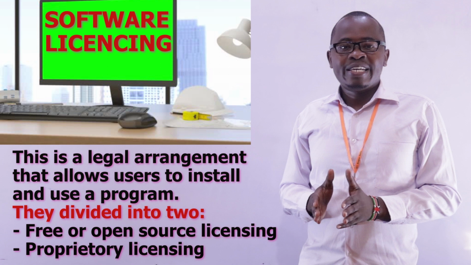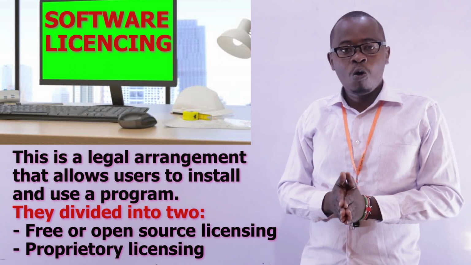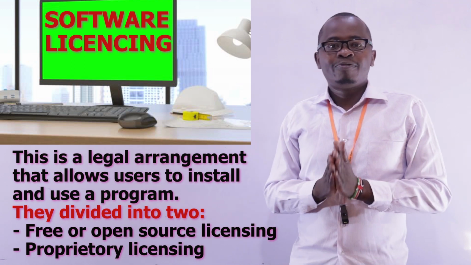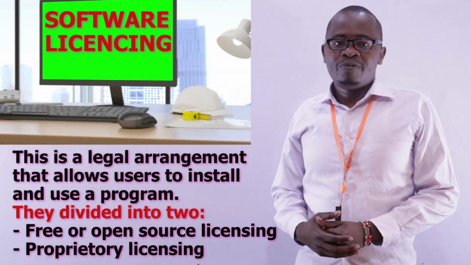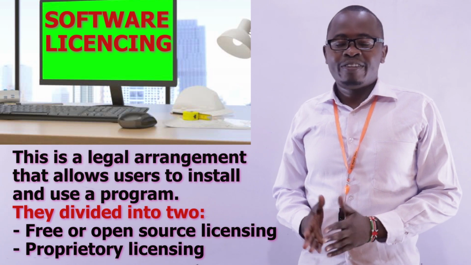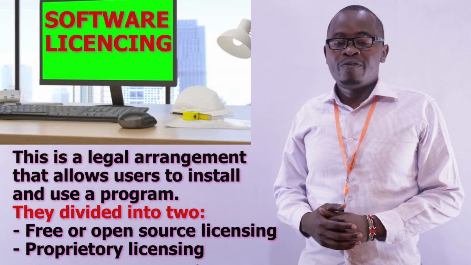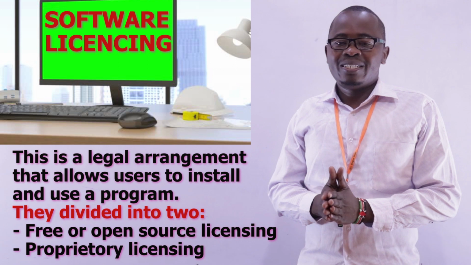So the owner is able to decide whether this software is for free or is available at a fee. Whenever it is free, it's referred to as freeware. Examples of free software and proprietary software: the Facebook application is free, and we have the game console application that you can be charged a certain amount of money for.